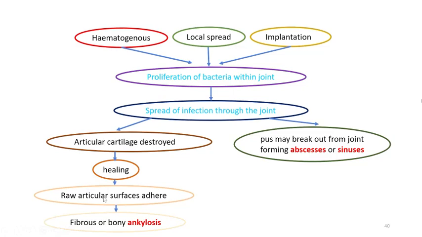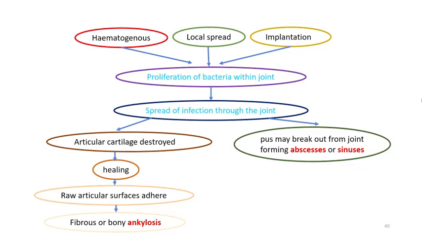When it is healing, the raw articular surface will form fibrous connection with the adjacent bone, the other side of the bone, forming fibrous ankylosis. That means usually we don't have a connection between two joint surfaces because those are covered with cartilage.